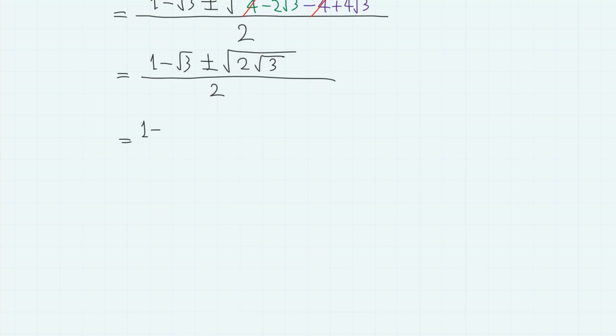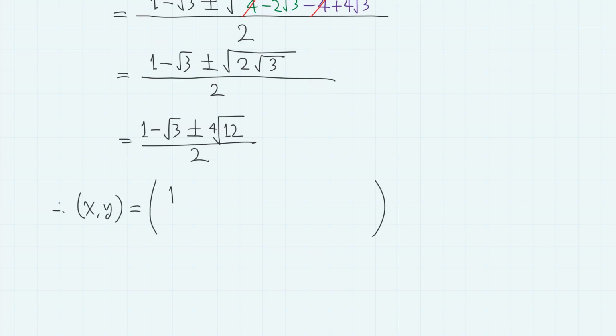And we know that the next part can be written as 4th root radical of 12, which means that x, y is equal to (1 minus square root of 3 plus minus 4th root of 12) over 2, and (1 minus square root of 3 minus plus 4th root of 12) over 2.